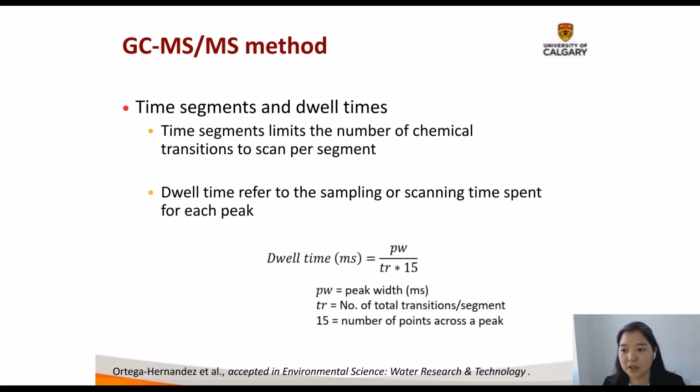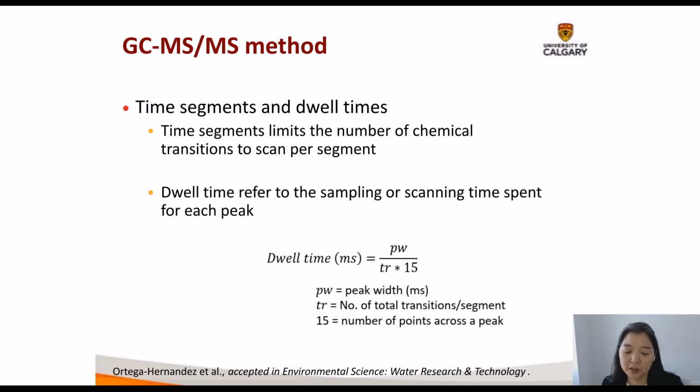This refers to the sampling or scanning time spent for each peak during the multiple reaction monitoring. Typically, longer dwell times result in a higher number of ion hits to the detector, resulting in increased sensitivity of the analyte. Also, the peak shape is dependent on these dwell times, as seen in the equation below.